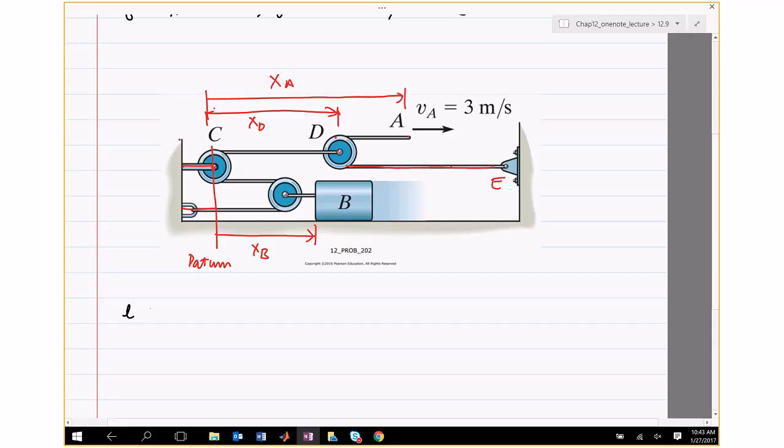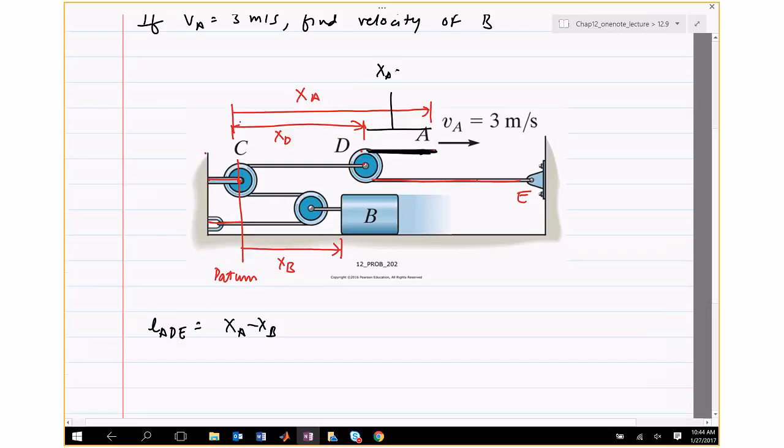LADE is this length first. So what's this length in terms of whatever I have on the board? XA minus XD, that's right. So this is obviously XA minus XD. Okay, I need to find this length. How do I do that?